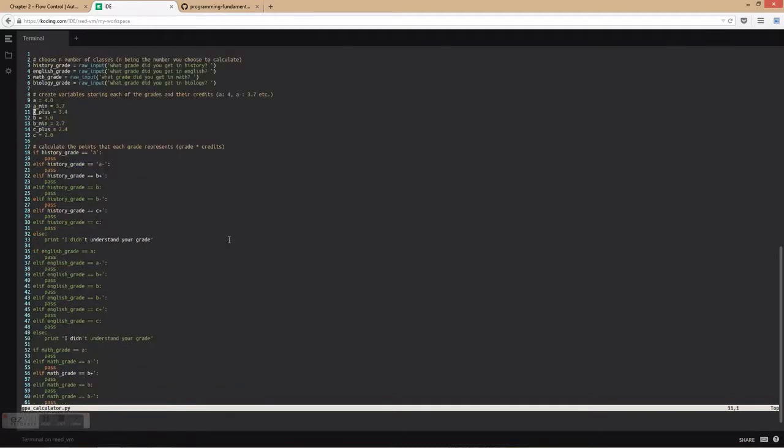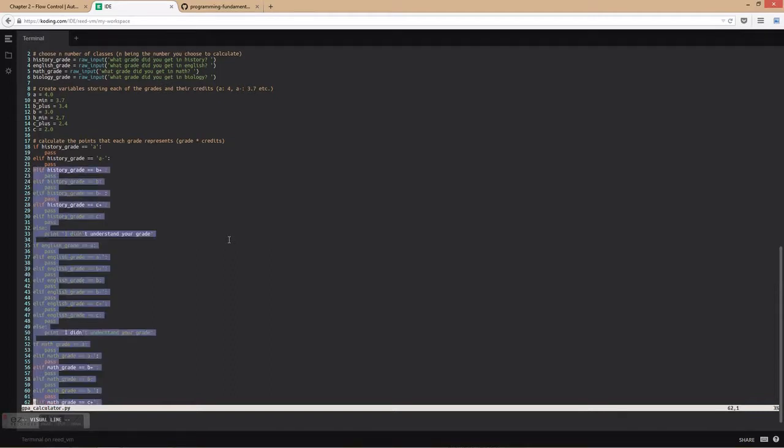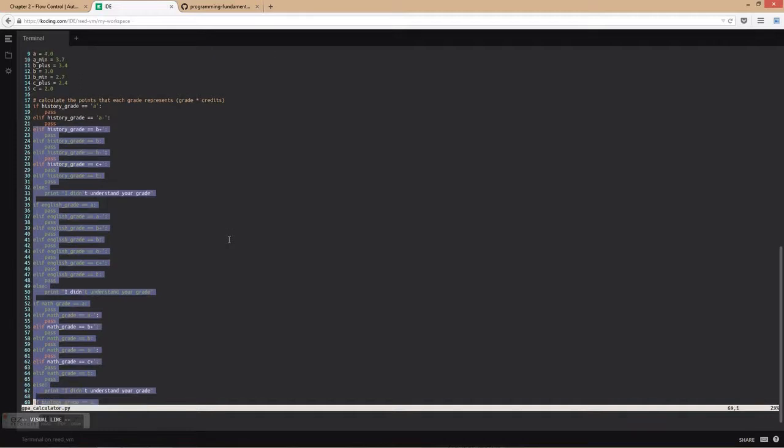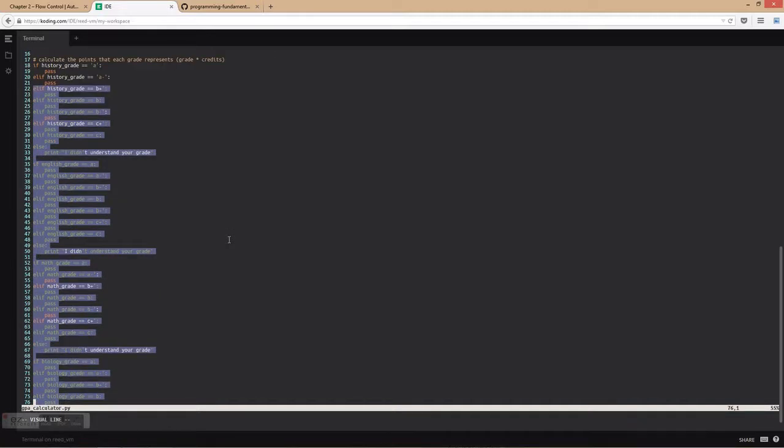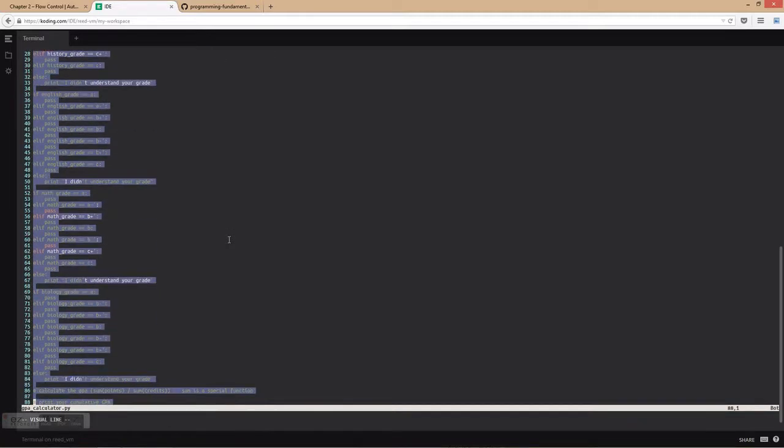And now we just need to put, so now instead of an equal equals plus or space, we want an equal equals space quote.